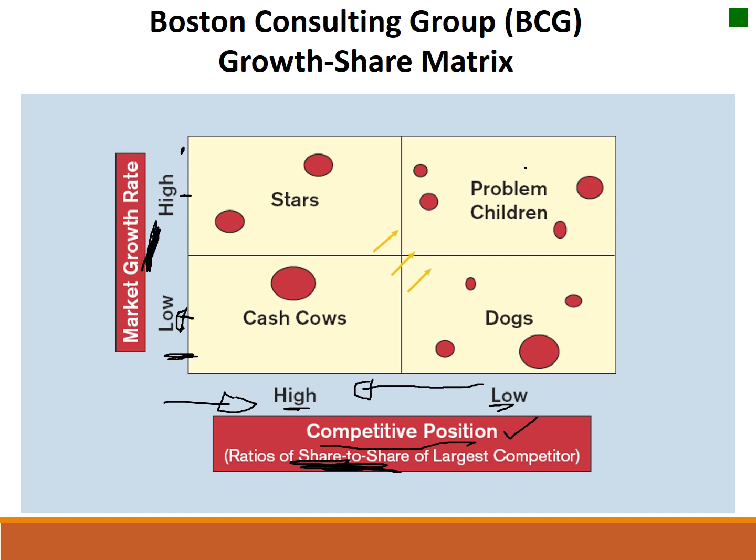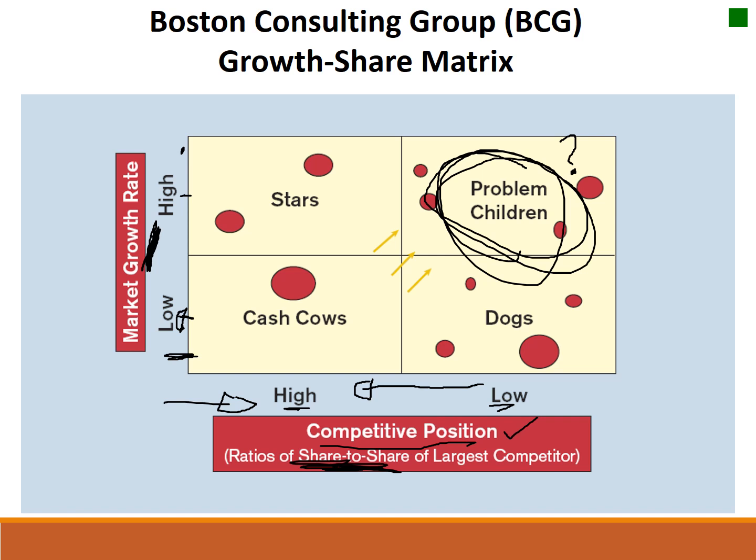Okay, so these products here, sometimes we call these question marks. Sometimes they're called problem children, and it's only because we don't know what to do with them. We don't know how they're going to behave. So basically what's happening is we have low market share, and that's early in the product life cycle.